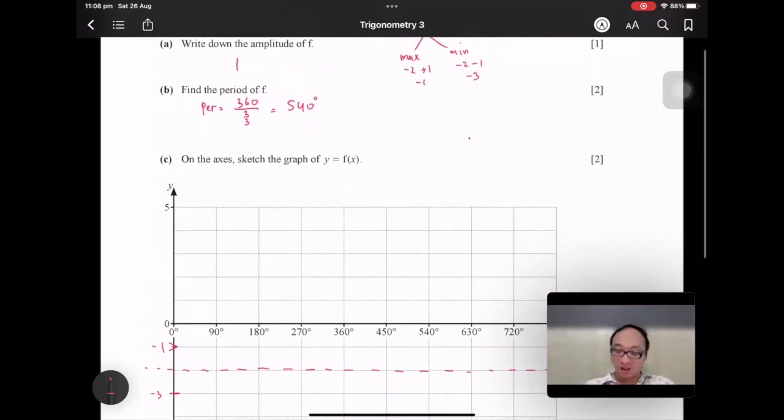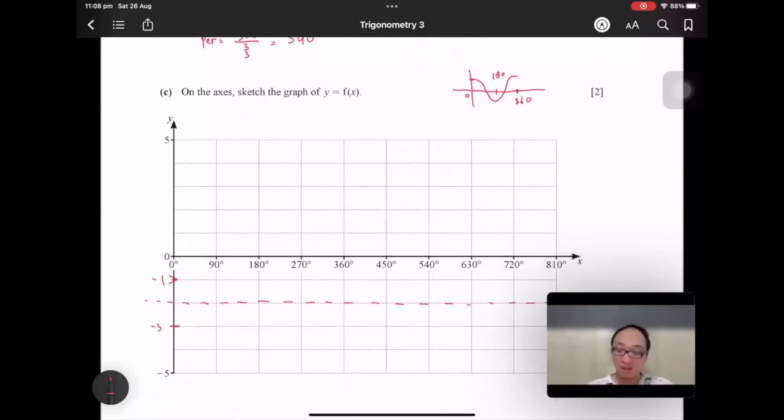And the normal cosine will start from the maximum again at 360. This one will be at 180 minimum, maximum at 0 and 360. So it will be maximum at 0, so here.